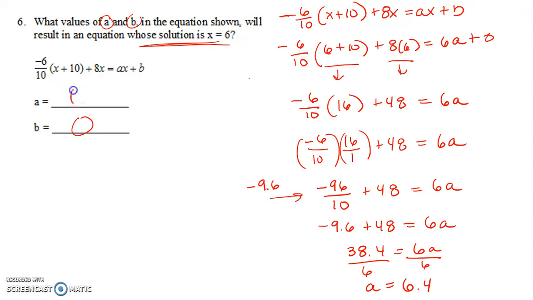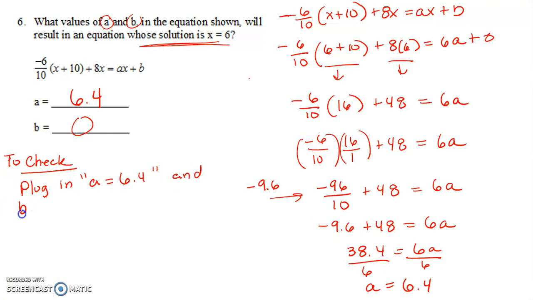Okay, if you want to check, I'm not going to really go through that. To check, make a note of this: you're going to plug in A equals 6.4 and B equals 0 to see if x equals 6.